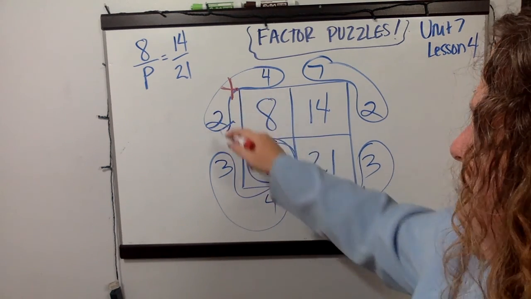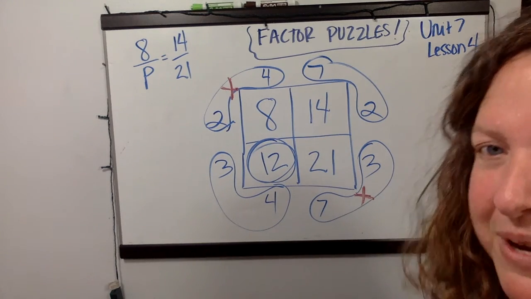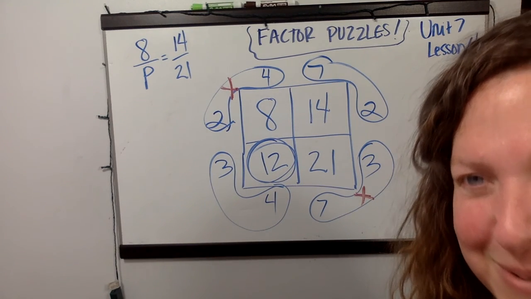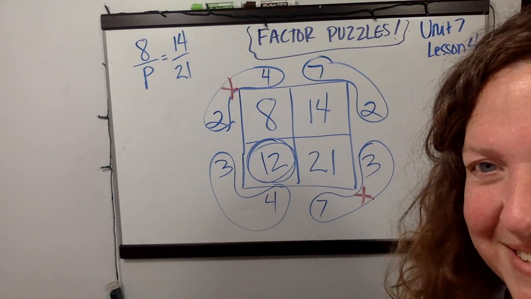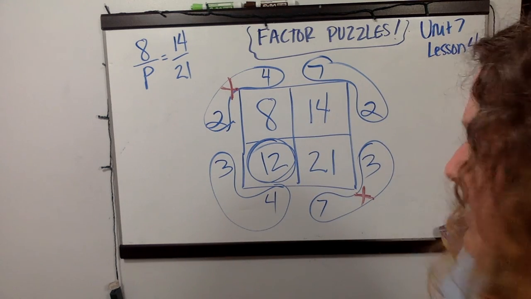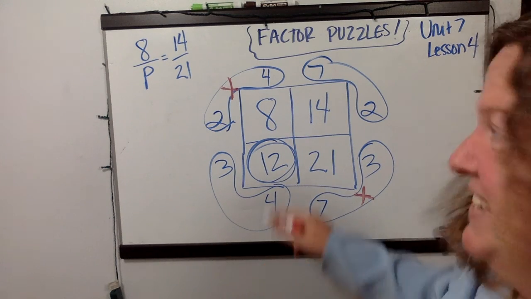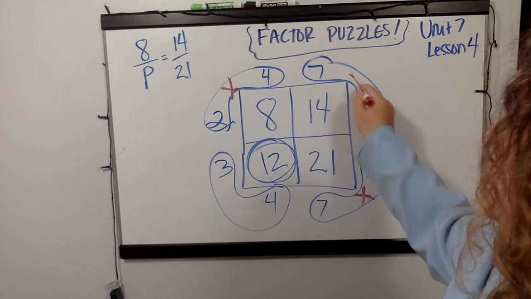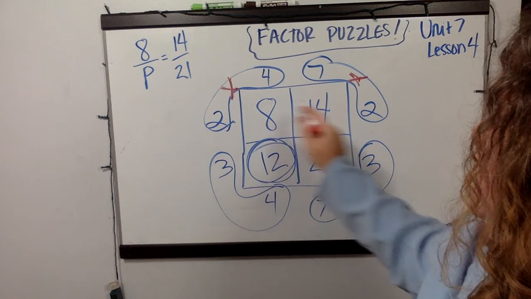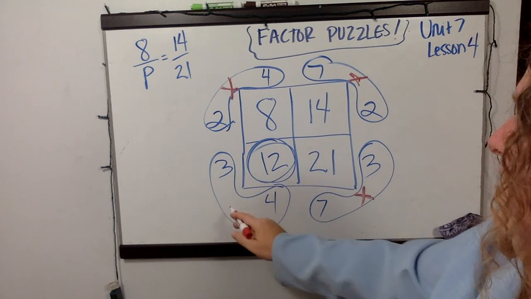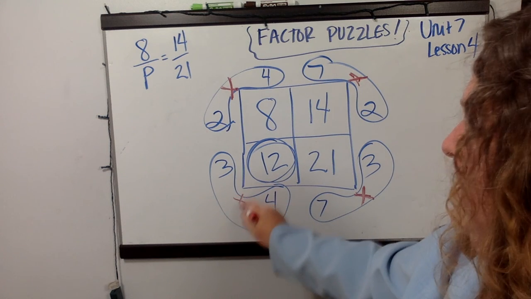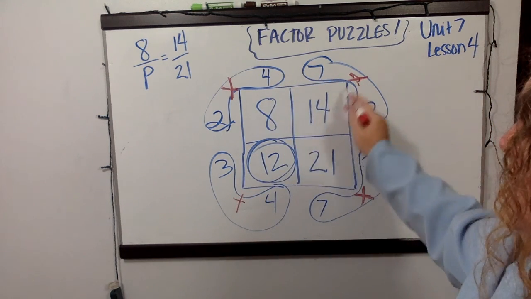So we have 2 times 4 and 7 times 3. Do you notice anything else about these numbers? That has the same numbers in it, doesn't it? This is 7 times 2. So there's the 2 and there's the 2. There's the 7 and there's the 7. And 3 times 4.